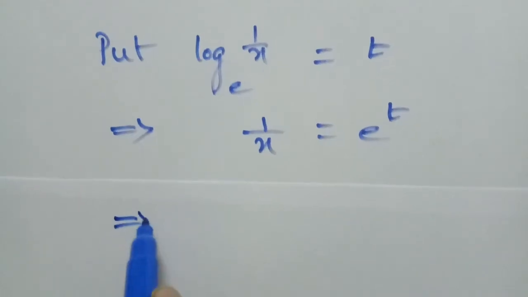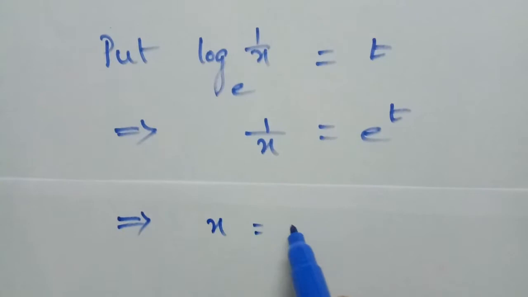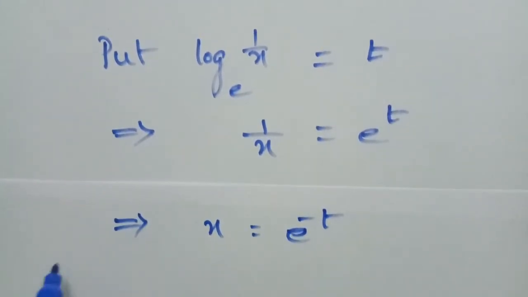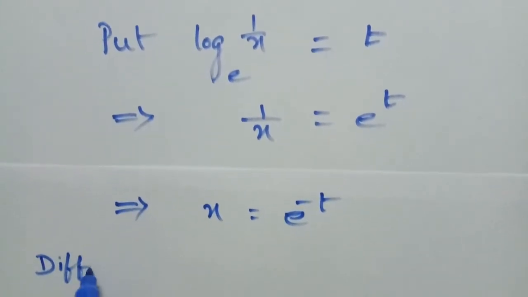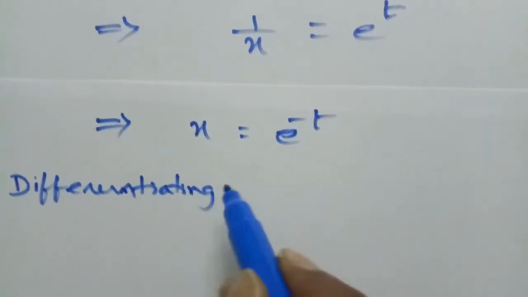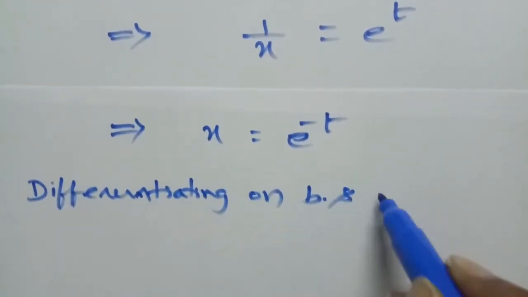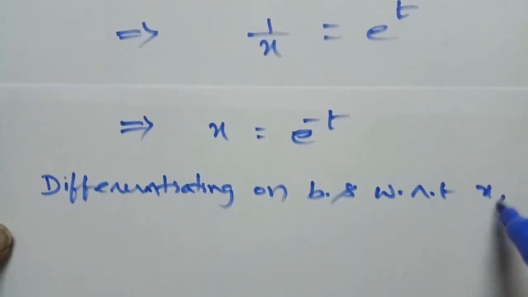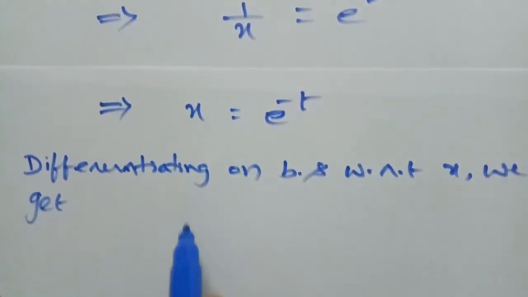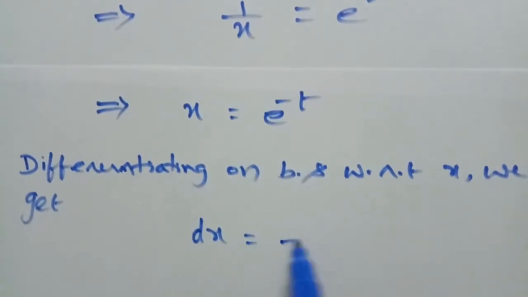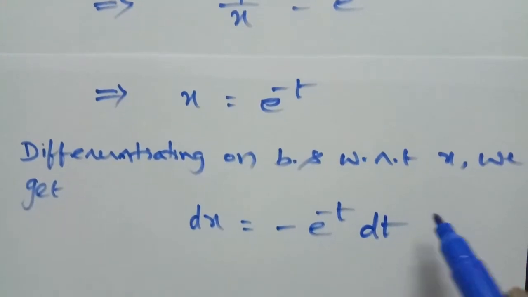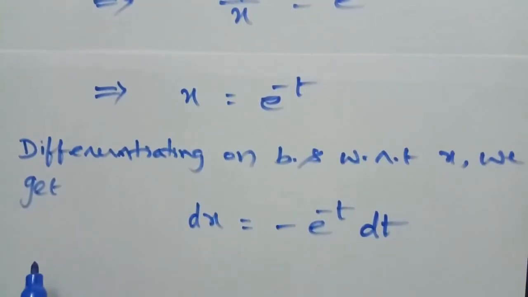Differentiating on both sides with respect to x, we get dx is equal to minus e power minus t dt.